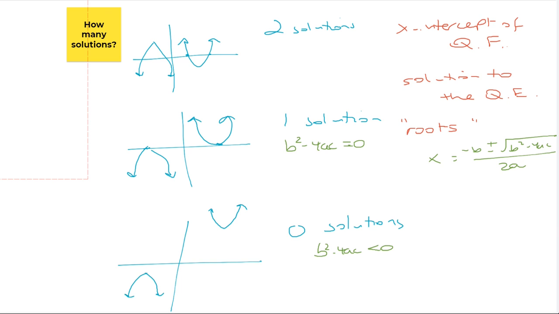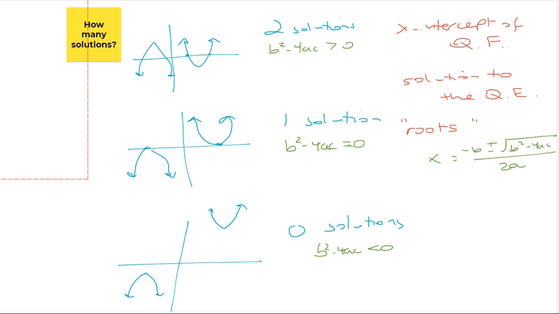And finally, the last case is if there is a number in here that's greater than 0, then we can take the square root of it, which means that I'll have two answers. I'll have negative b plus the square root of that number and negative b minus the square root of that number over 2a. And that's when you get two distinct solutions, two different solutions. That will happen when your b squared minus 4ac is greater than 0.